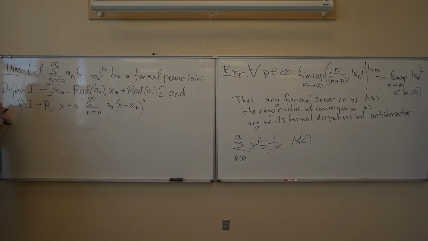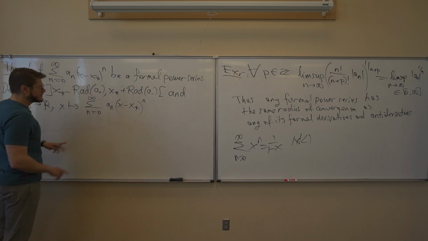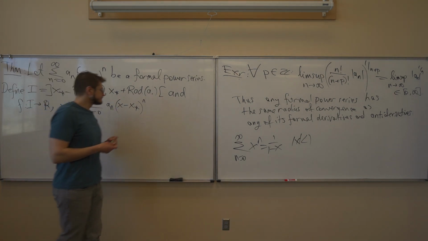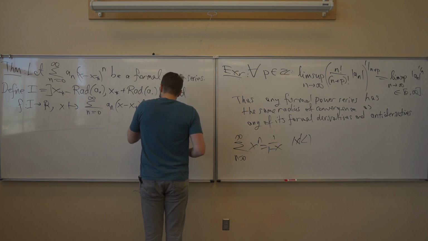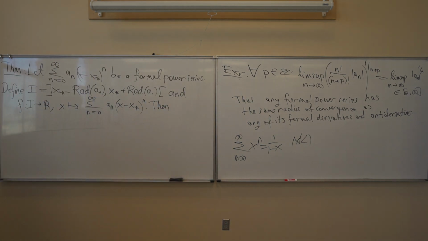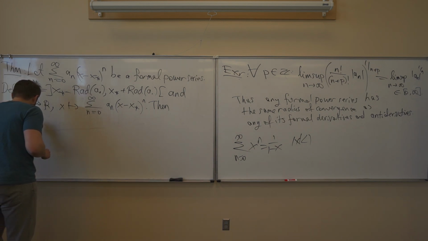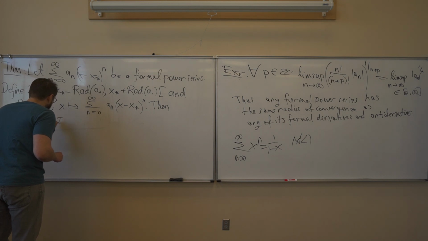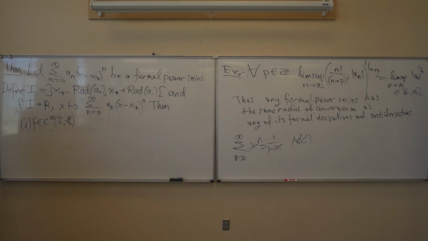Okay, this is not this theorem. We have discussed how this makes sense, at least on this interval. Then f is C infinity, that is, it is infinitely differentiable. This theorem has 4 parts. It has antiderivatives of any order.